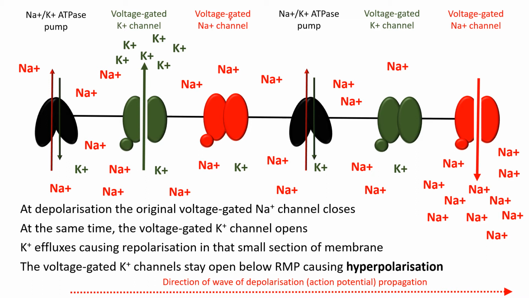More potassium effluxes, which takes us below resting membrane potential, and we go into a period of hyperpolarization. Remember, resting membrane potential is polarization. We've just had repolarization to polarization, but now we've dropped below into hyperpolarization. And we'll talk about why that is in a little while.